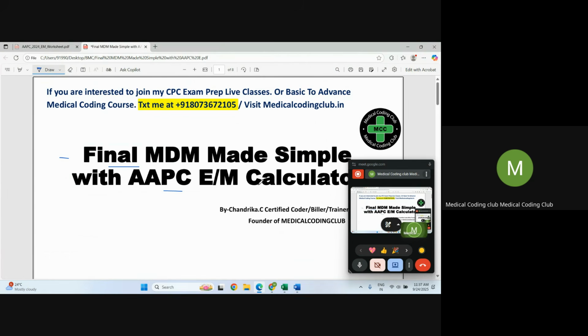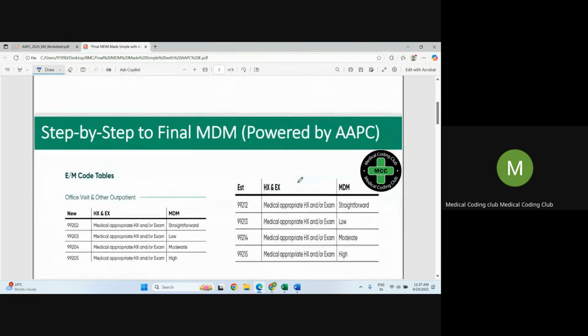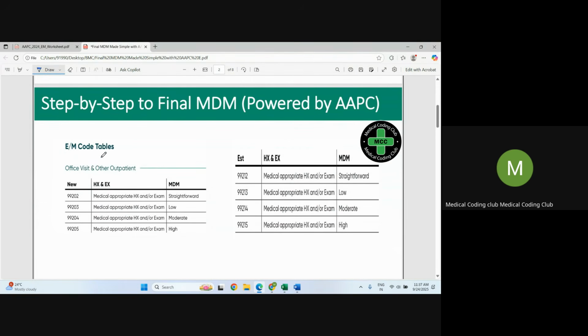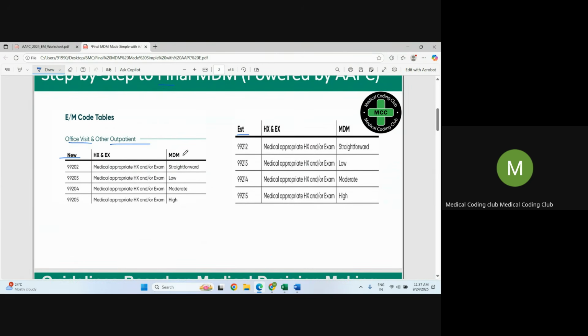Okay, so let's begin. First, we will take a look at our E/M office visit or other outpatient setting codes based on the patient type. For new patient we have 4 codes, and for established patient we have 4 codes. In this session I am going to discuss only MDM, which is medical decision making, and we are not going to discuss any guideline on time. That's why I took only information regarding MDM.